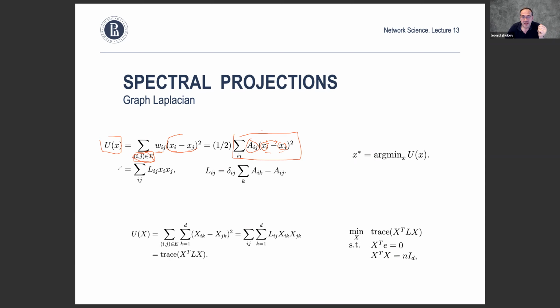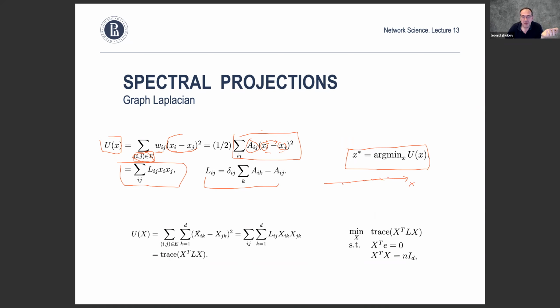And this difference can be written in terms of the Laplacian matrix, where this is the Laplacian matrix. Then we're looking for the minimum of this function of x, and in this case, a one-dimensional embedding will assign nodes coordinates along the x-axis.